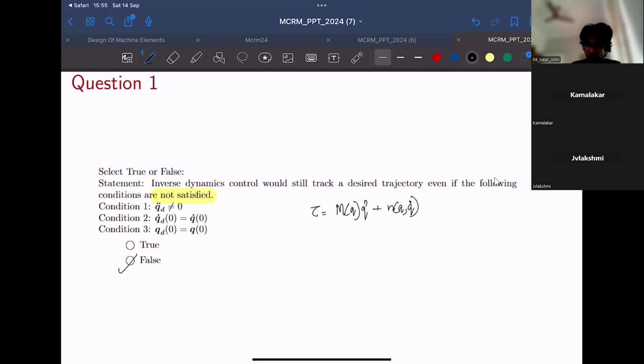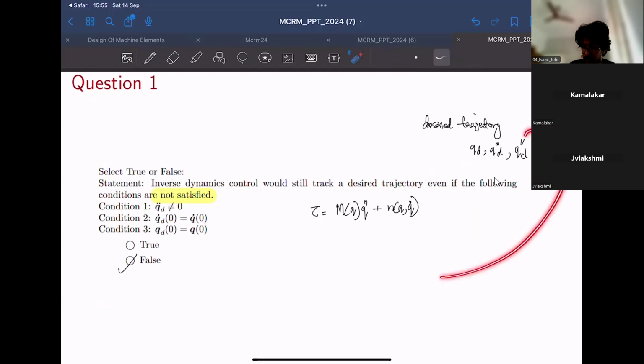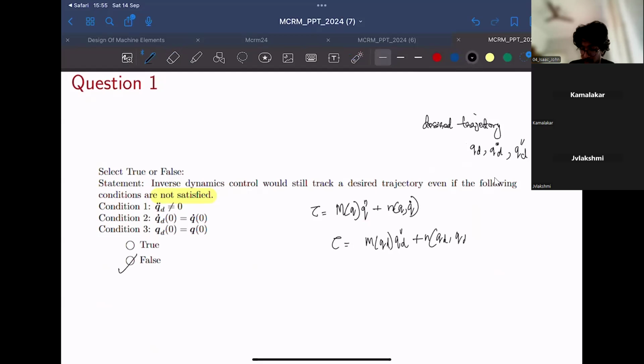And this inverse dynamics control simply asks you to take your desired trajectory. If you have this desired trajectory defined by the positions eta desired or q desired, the velocities q desired dot, and q desired double dot, you are simply throwing this into this dynamics equation. So you will get torque as M of q desired times q desired double dot plus N of q desired dot.